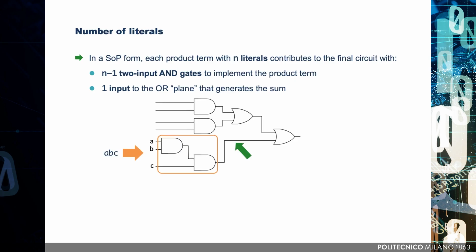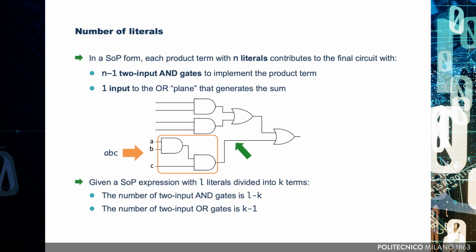Let's look at an example. The term ABC can be implemented with two 2-input equivalent AND gates, since 3 literals minus 1 equals 2, and 1 new input to the OR plane. This is shown by the green arrow in the diagram.